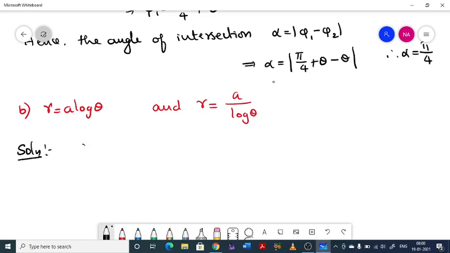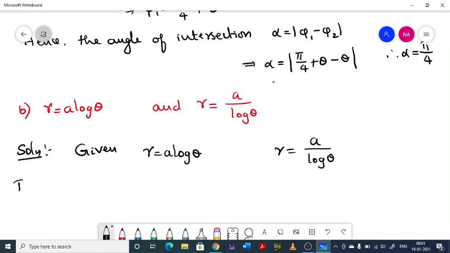So as usual, given r equal to a log theta, and here r equal to a by log theta.